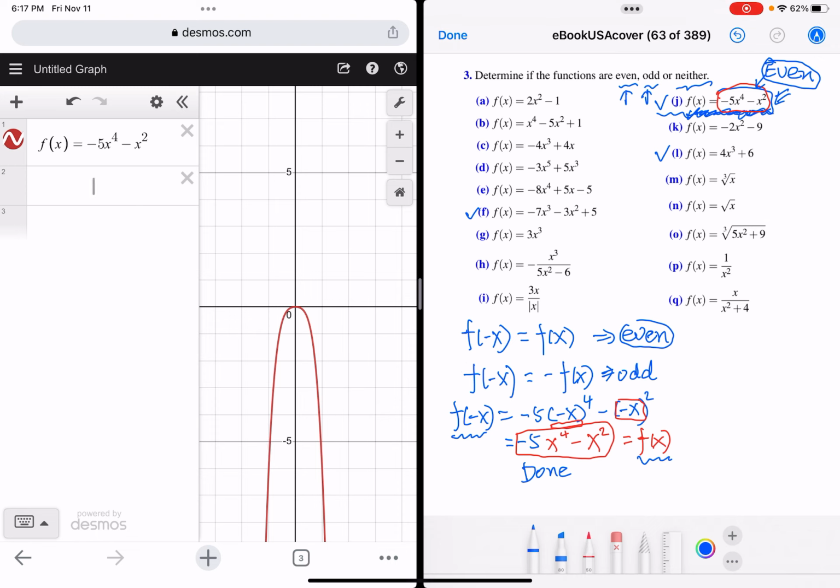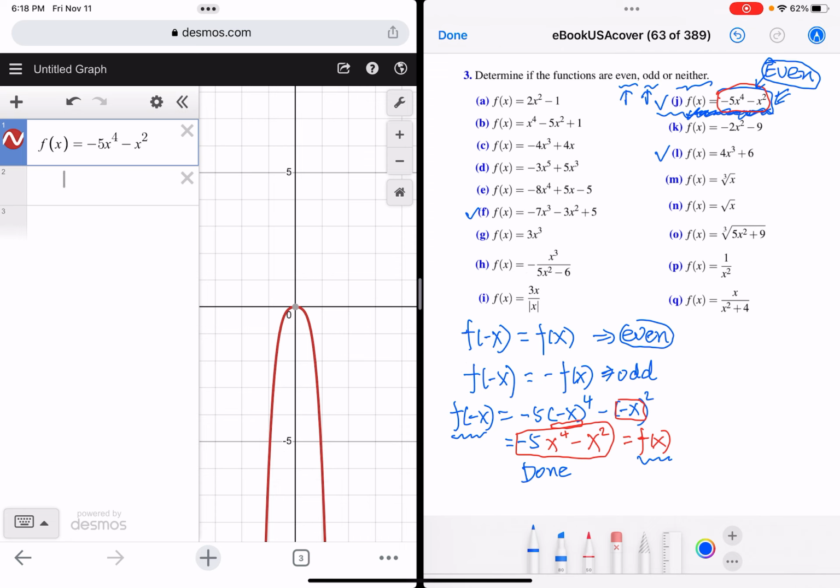You may do more. You see this point looks like (1, -5). And this point looks like (-1, -5). You may go down a little bit.